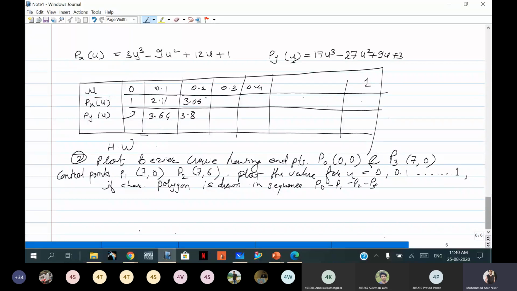So in examination also you have to draw this Bezier curve by using this x and y, and in this way you have to draw it appropriately. Then you have to start solving this problem in the similar way I have taught in the previous problem. So this is your homework.